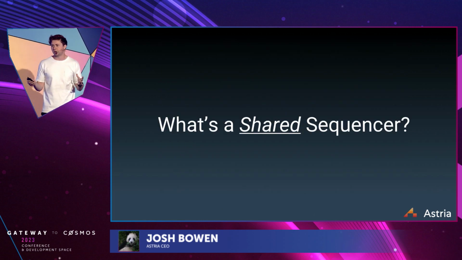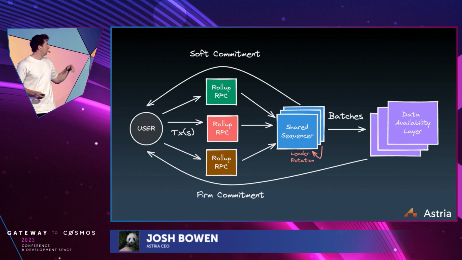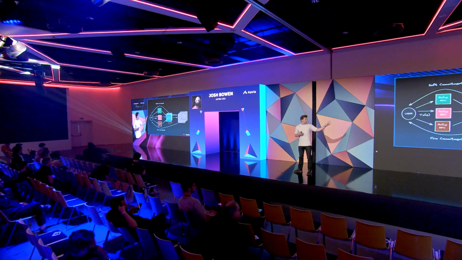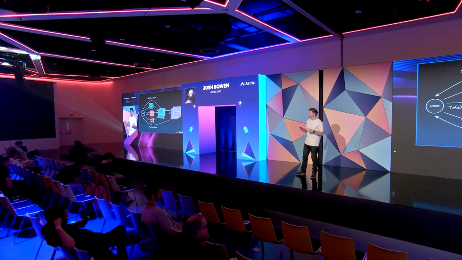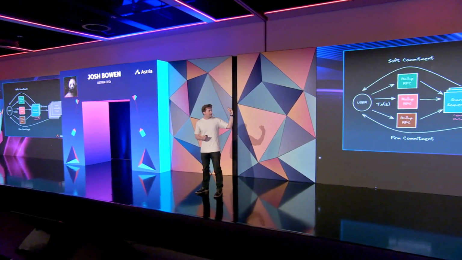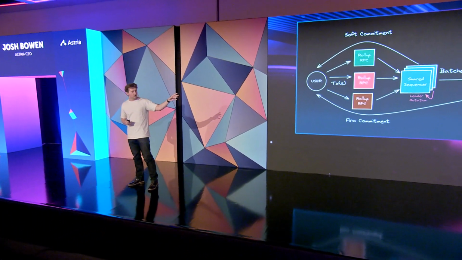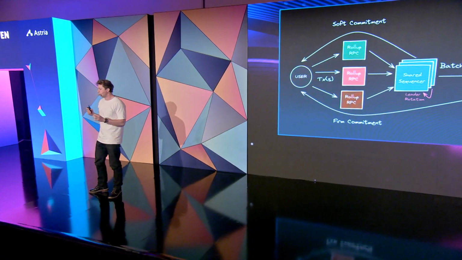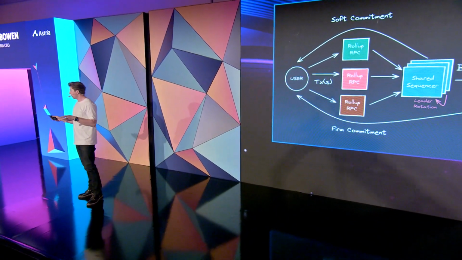So what's a shared sequencer? What do I mean by the idea of being shared? Expanding the previous diagram we had, we propose that you have a single shared sequencer, or more accurately, a shared sequencer network. That's what we're representing by having multiple boxes here. This shared sequencer network has a leader rotation, but multiple rollups can utilize a single shared sequencer.